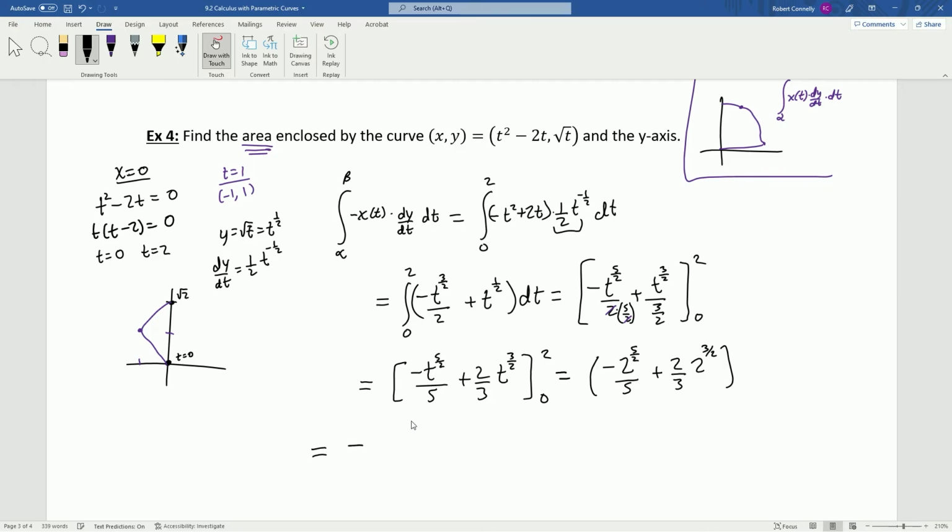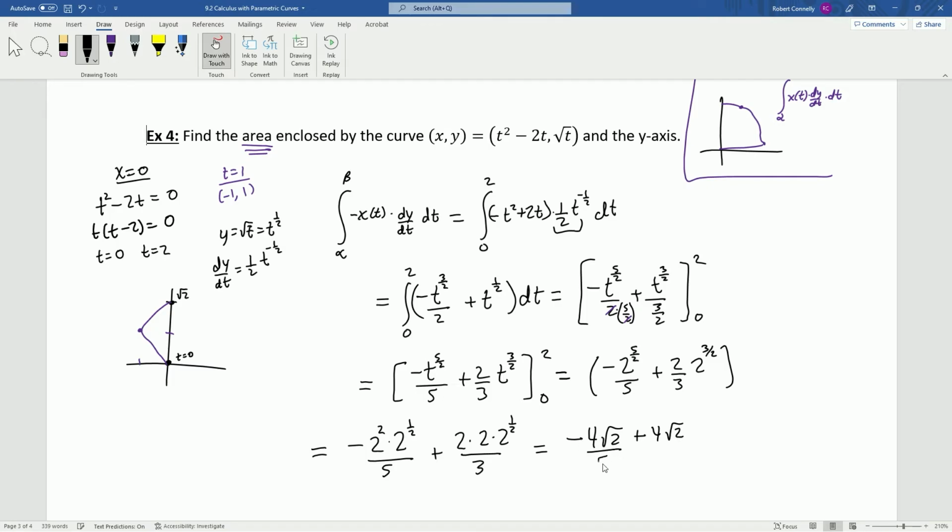Now 2 to the 5/2 is 2 squared times 2 to the 1/2. Two to the 3/2 is 2 times 2 to the 1/2. So over here, this gives us negative 4 times the square root of 2 plus 4 times the square root of 2.